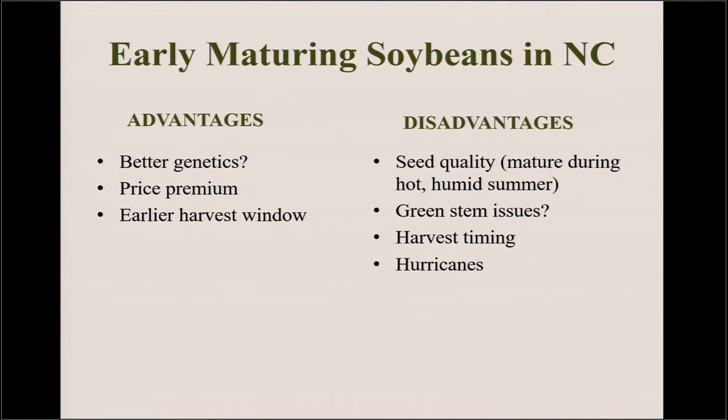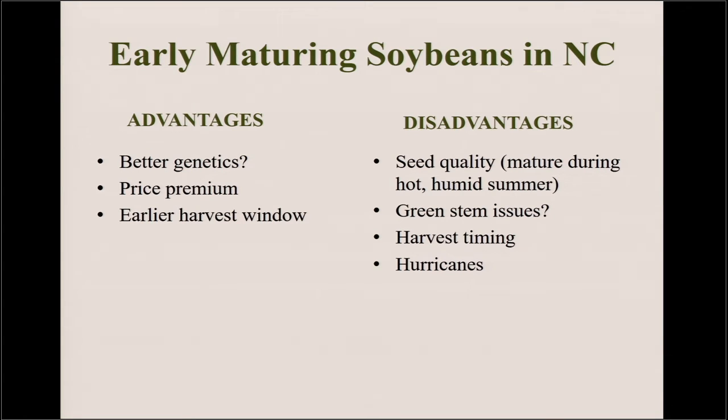We had reports from across the state in 2018 about green stem issues in a wide range of soybean maturity groups, but we seem to have more prevalent reports of this issue with indeterminate varieties. We talked about how harvest timing can be a disadvantage from a weather perspective. Hurricanes are rolling through often when these soybeans are coming into physiological maturity.